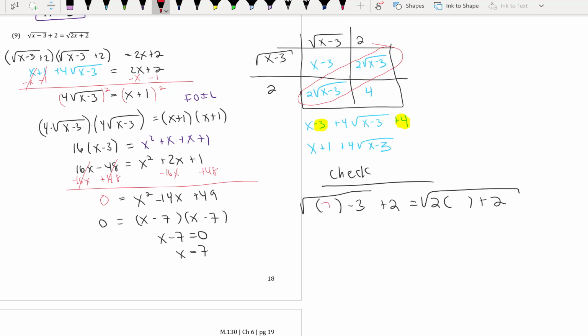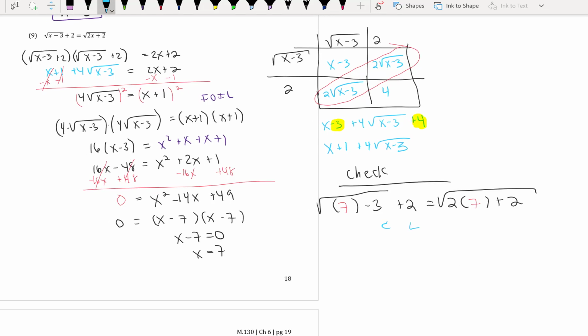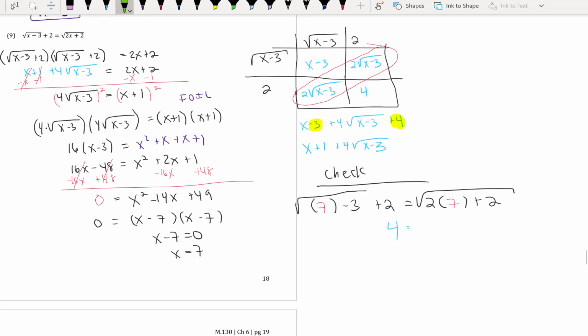So what I'm plugging in here is 7. I'm going to do each side separately. So the square root of 7 minus 3 is 2, plus 2 gives me a 4 on this side. And now, let's see what happens when I do it to the other side.